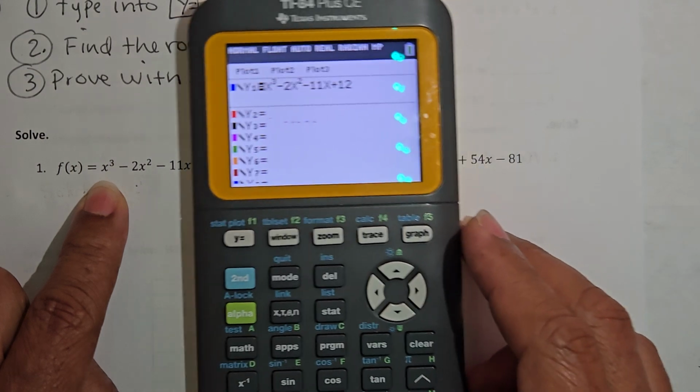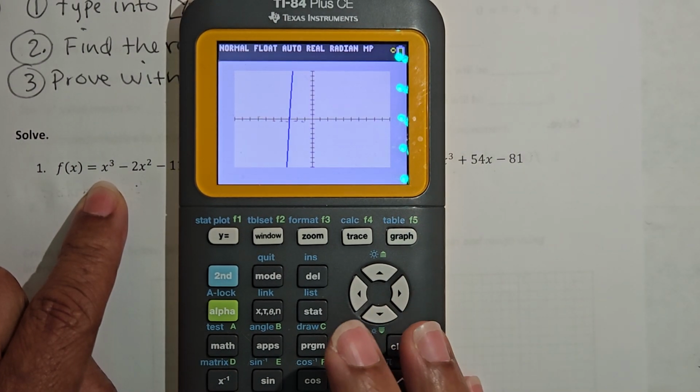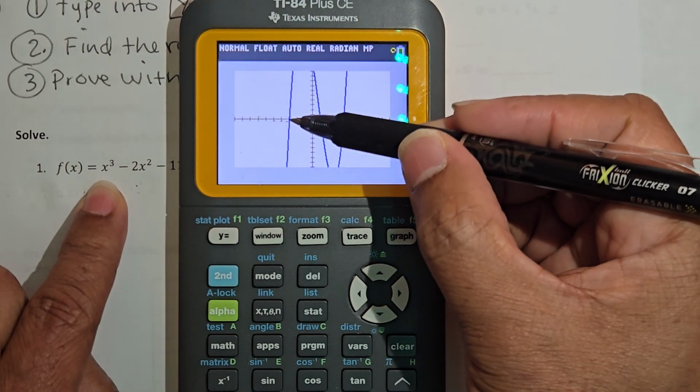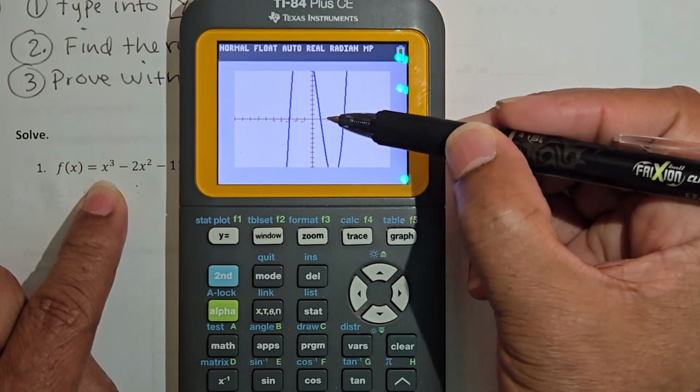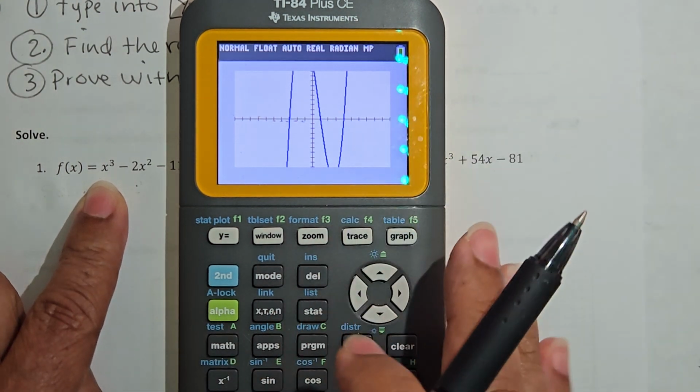Then press graph. From the calculator, it seems like the graph crosses through -3, 1, and 4. So we're going to check -3, 1, and 4.